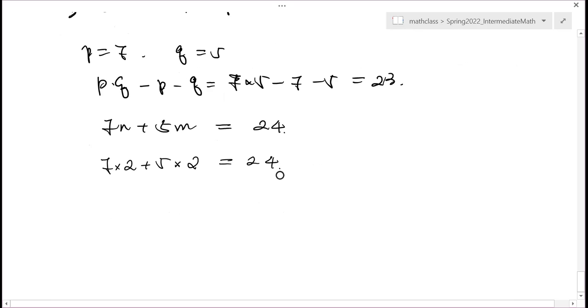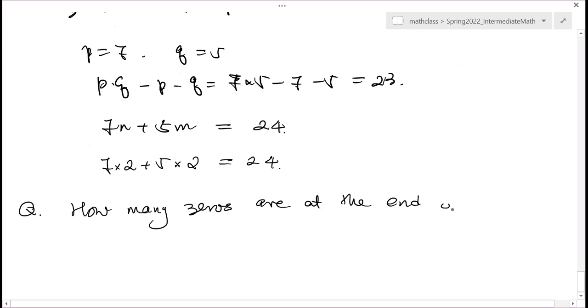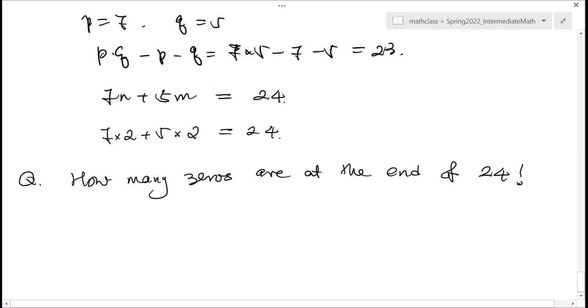All right, so let me add one problem. We want to know how many zeros are at the end of 24 factorial. If we expand it, 24 factorial is going to be 1 times 2 times 3 all the way to 23 and 24.